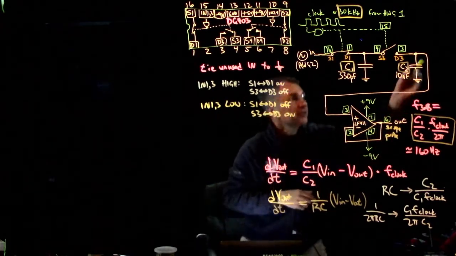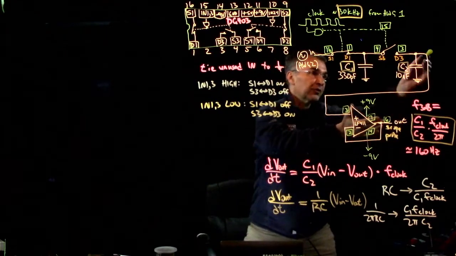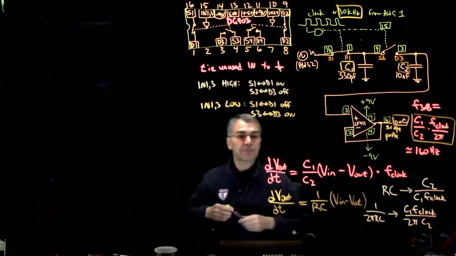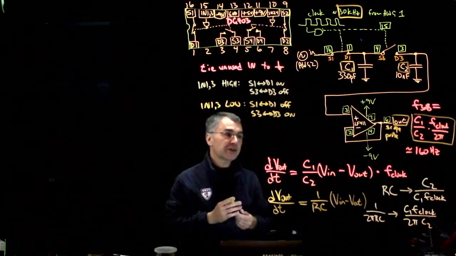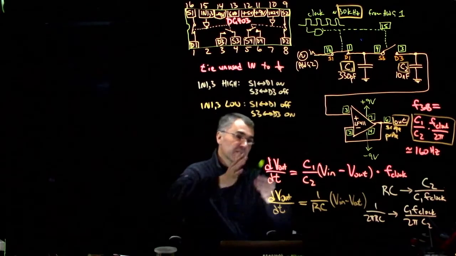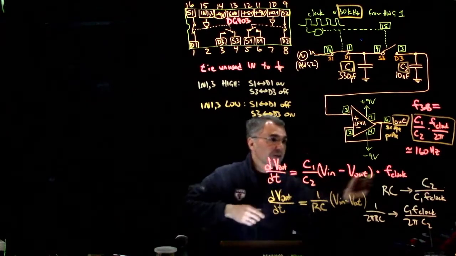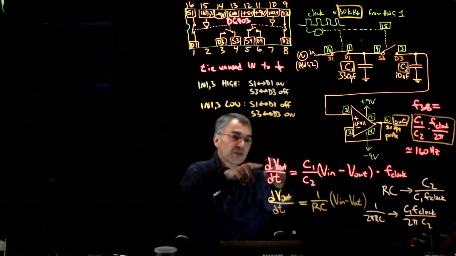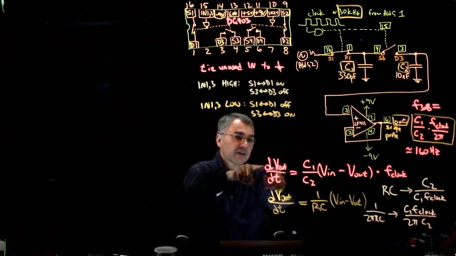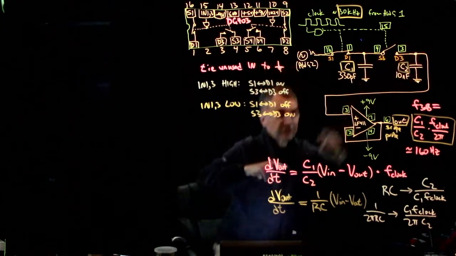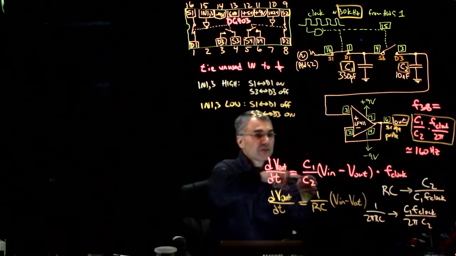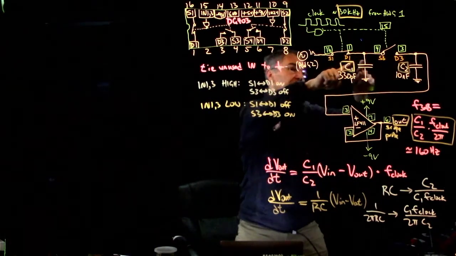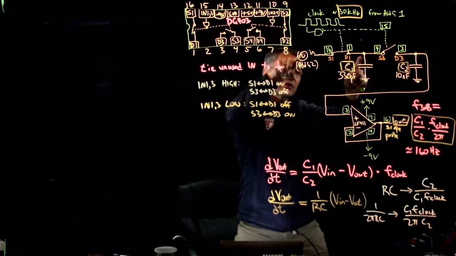If you call this the output, or basically this is a buffered copy of the output, what happens to the output every time step dt? Well, something can change once per tick of the clock. So here's f clock. What happens is that once per tick of the clock, this output voltage, the voltage on C2, changes in proportion to how different this voltage is from this voltage. And this voltage is basically just what this input signal was an instant ago.